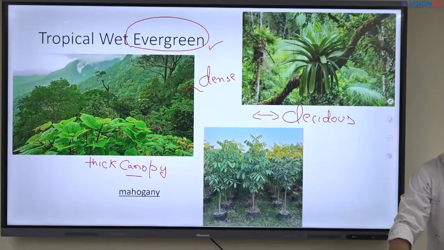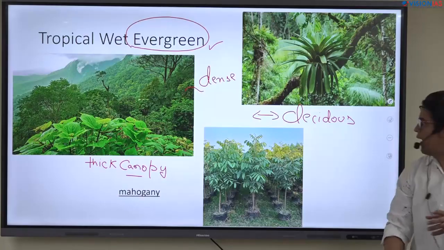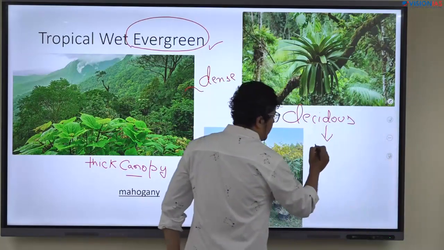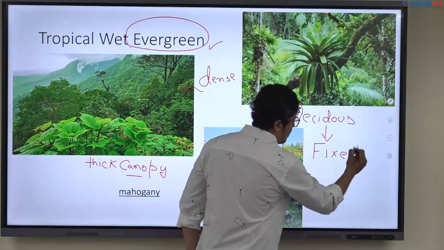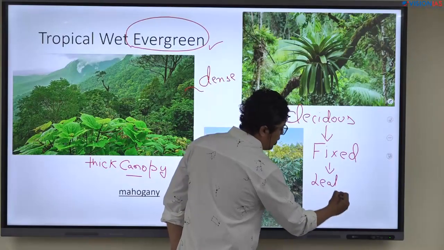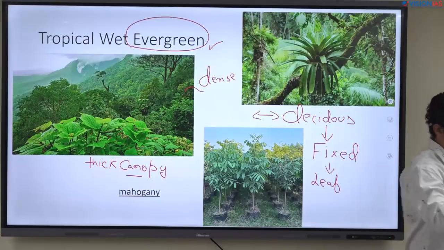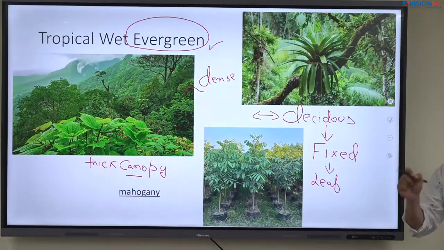Deciduous tree has a fixed leaf shedding season. Like if you go to deciduous forest right now, March or April, what you will find that leaf shedding will occur. Season is fixed, that every year in March or April, trees will shed their leaf. So deciduous trees have fixed season. Their timing is fixed for leaf shedding, the season when they shed their leaves. So you call such forest deciduous forest.